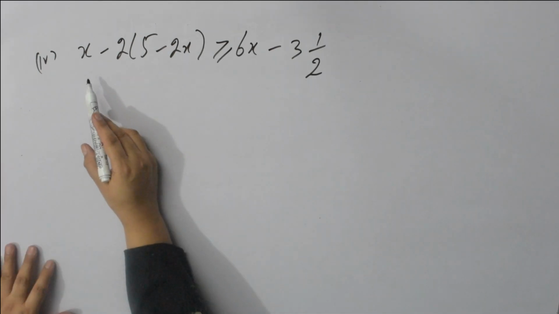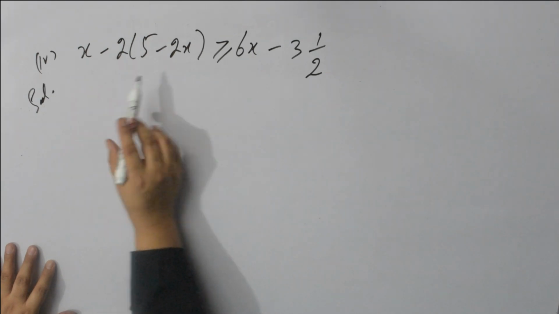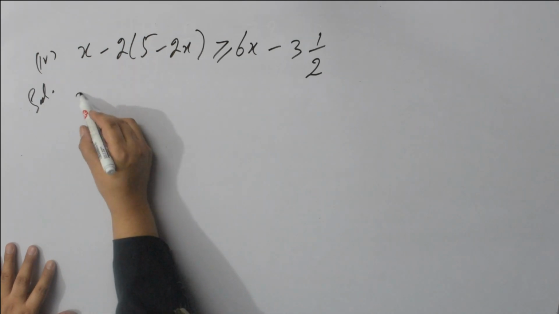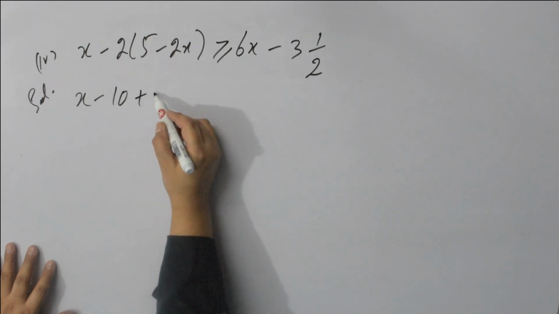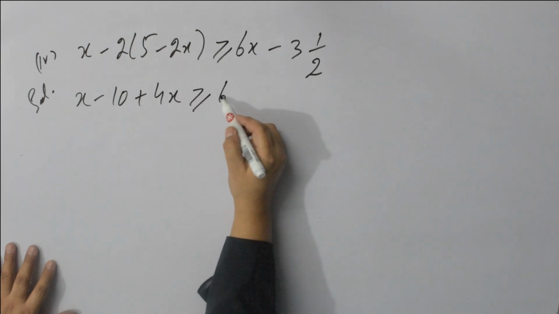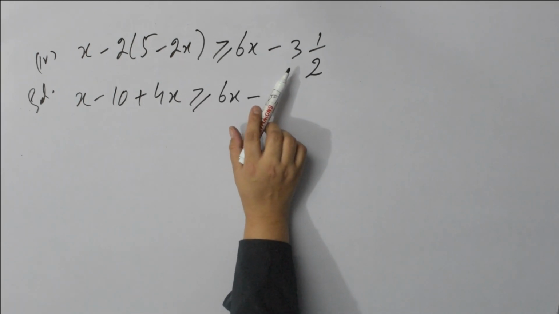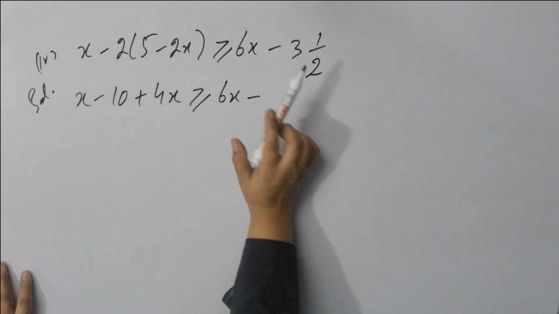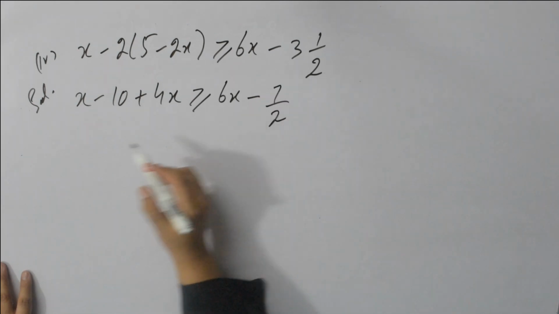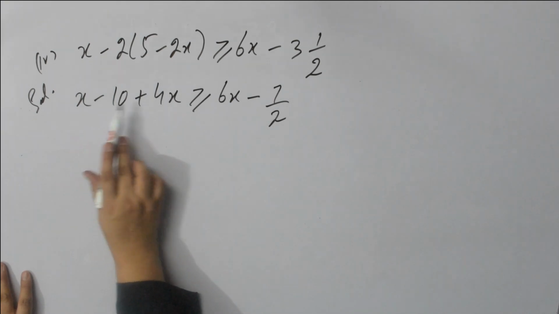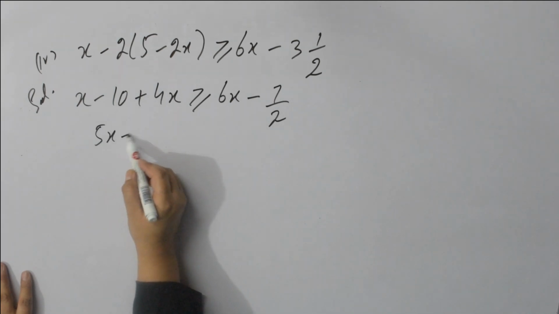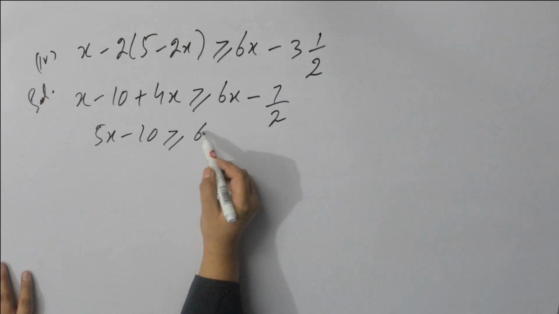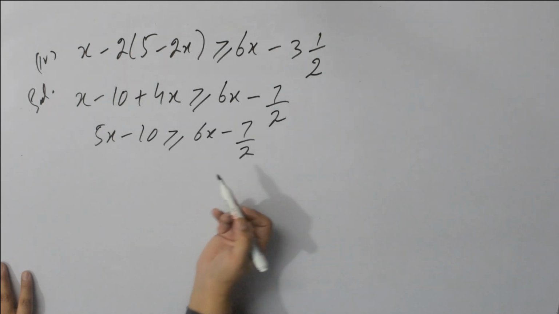In the solution, obviously you will multiply this 2 inside, 4x. It's a mixed number, so convert into a fraction: 3 2s are 6 plus 1, 7 by 2. Now arrange x plus 4x, 5x minus 10 greater than or equal to 6x minus 7 by 2.